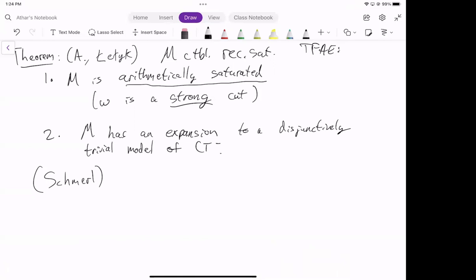So I'm actually not going to prove this result today. It will follow as a corollary.